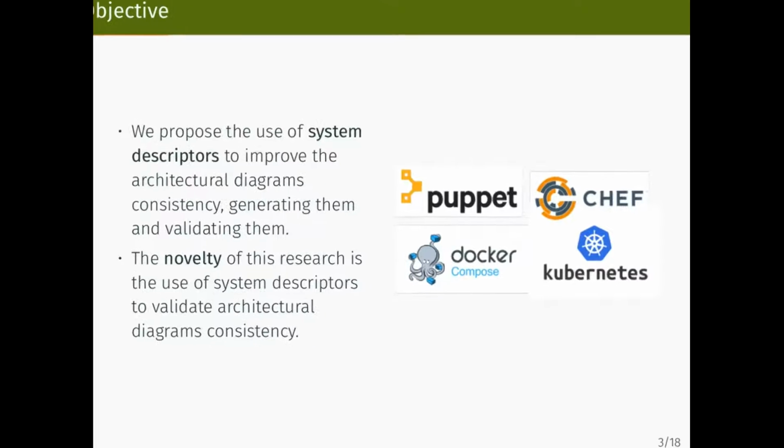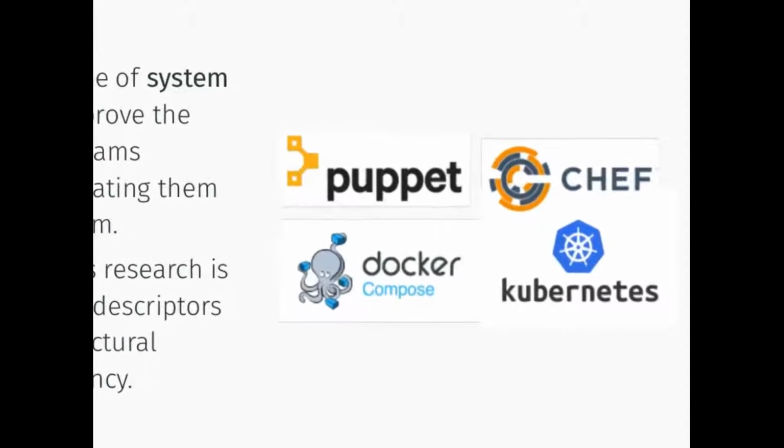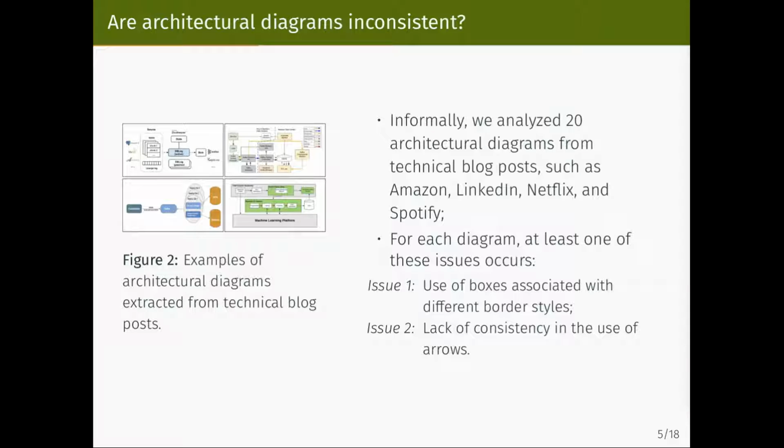We can mention Puppet, Chef, Docker Compose, and Kubernetes Pod as some of the most well-known system descriptors. Are architectural diagrams inconsistent? We informally analyzed 20 architectural diagrams from technical blog posts such as Amazon, LinkedIn, Netflix, and Spotify, and for each diagram, at least one of these issues occurs. 1.